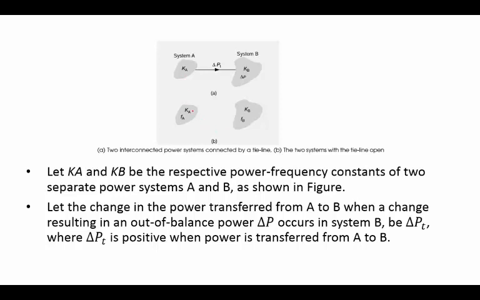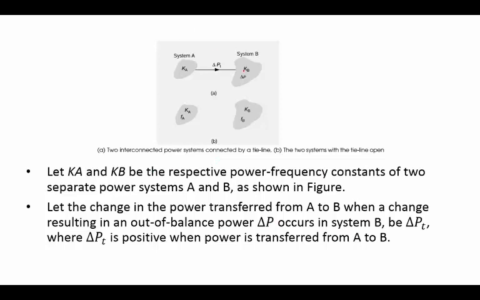Here you have KA, and delta PT is the power transferred from A to B. You have KB and delta P. When the tie line is open, you have KA and FA here, and KB and FB here. Let KA and KB be the respective power frequency constants of the two separate power systems A and B, as shown in the figure. Let delta PT be the change in the power transfer from A to B, when a change resulting in out of balance power delta P occurs in system B.